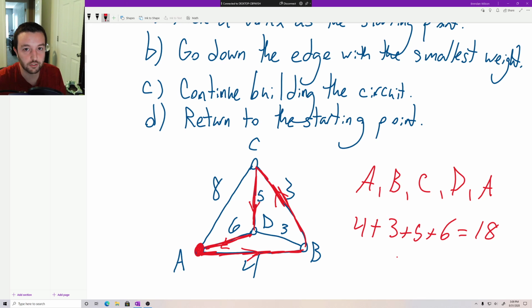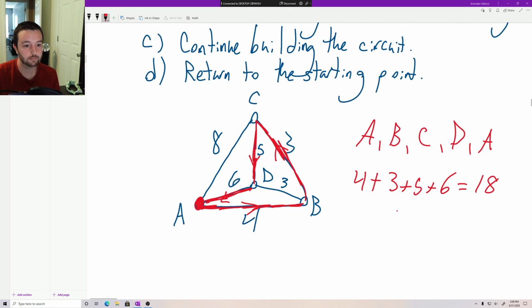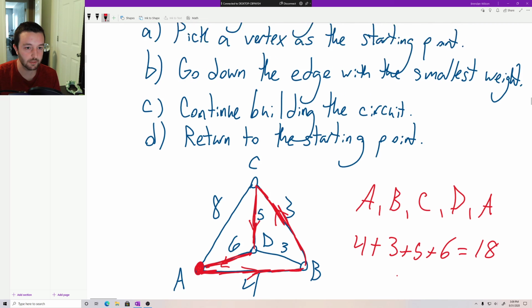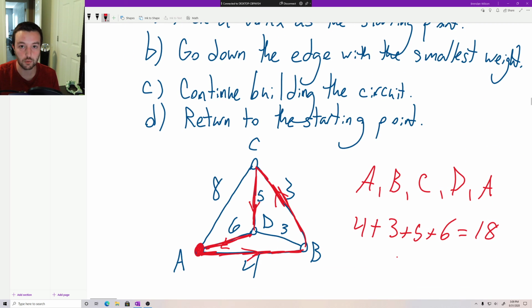It's not that much further, right? It's only like 2 miles further, but it's not optimal. Okay, so it doesn't always necessarily give you the optimal path, but it will give you a good path. Okay, and it's pretty easy to follow because you just pick the shortest one.